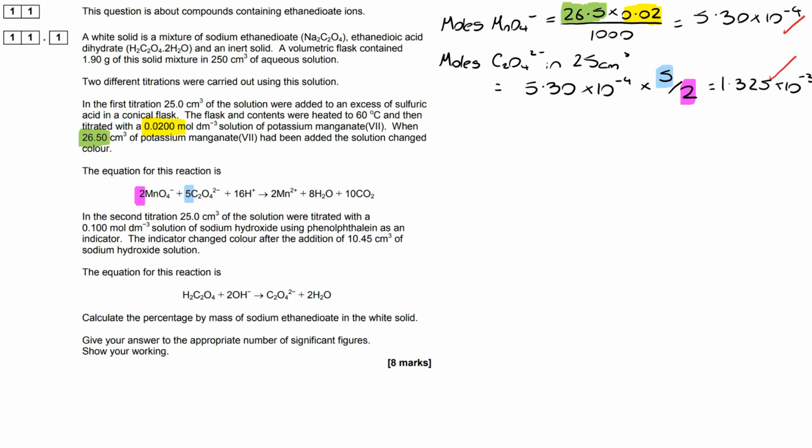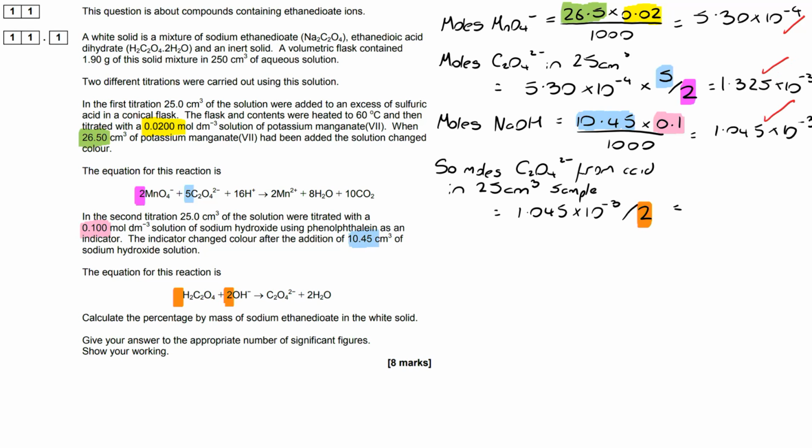If we take a look through even further, we've got other information about sodium hydroxide. So we can work out how many moles of NaOH there were. 10.45 cm cubed, 0.1 molar concentration. Again, absolutely vital that we're remembering to convert our cm cubed into dm cubed by dividing by 1000.